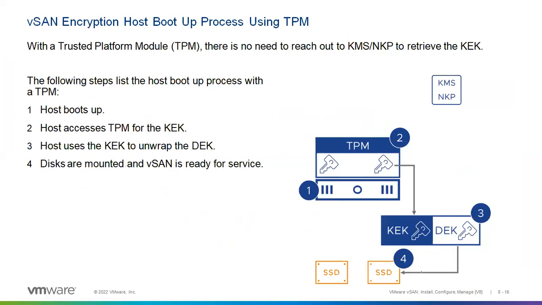With TPM, there is no need to reach out to KMS or NKP to retrieve the KEK, because by default my KEK is stored inside the TPM. But again, TPM is recommended, not mandatory.